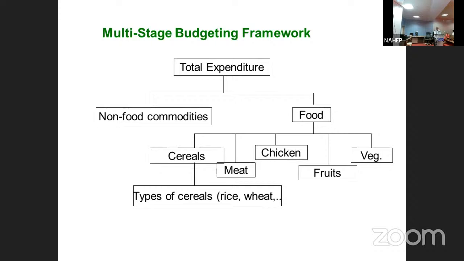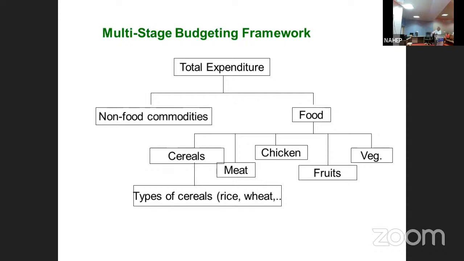Now, what is that saying? So this is non-food, and then you say, okay, if 1,000 rupees are my total expenditure, 600 going here and 400 I'm looking for food.